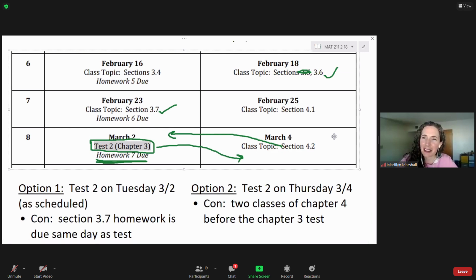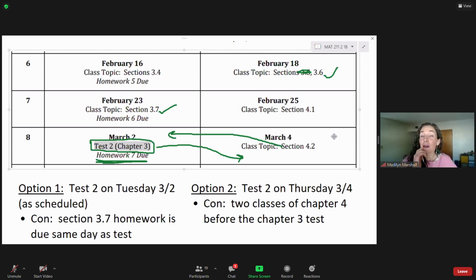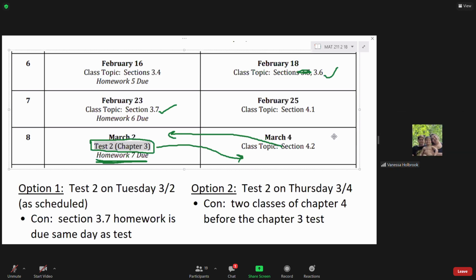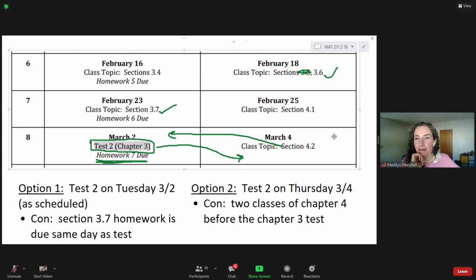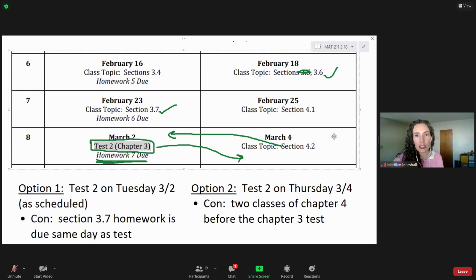Like when we did the 4-step process as opposed to the power rule, is there something in chapter 4 that makes it easier to do the stuff that we're learning in chapter 3? No, there's not. Chapter 4 actually uses the stuff that we have been doing, but it's all about graphing. So there's nothing that'll make chapter 3 stuff easier.